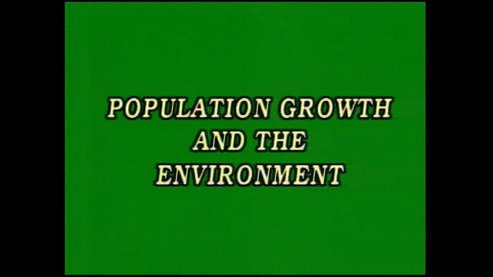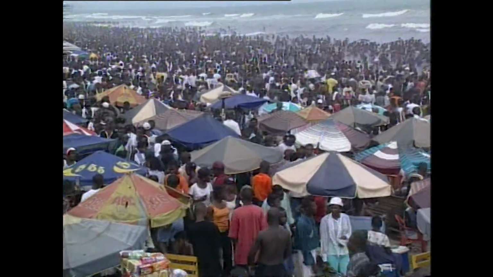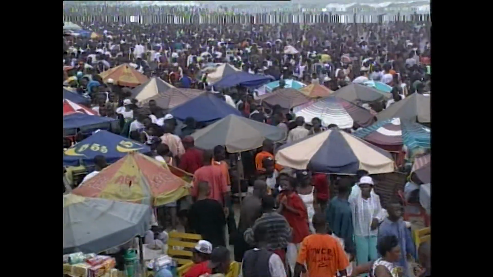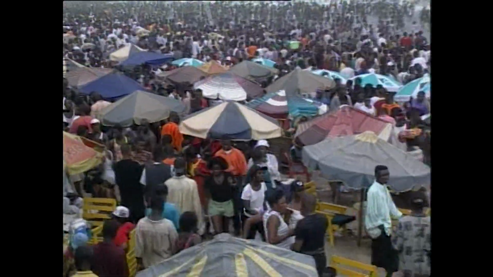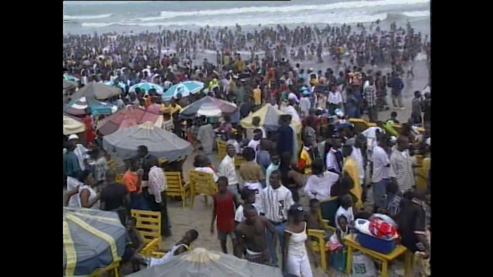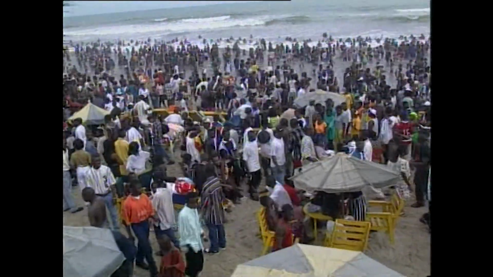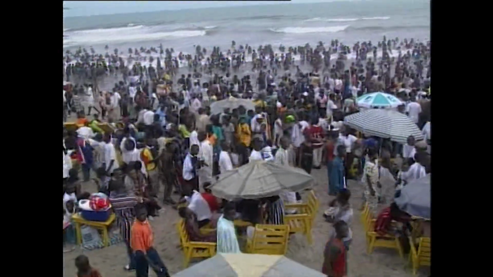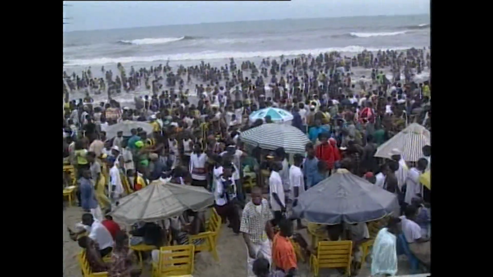Population growth and the environment. The first populations of human beings were supposed to have evolved some 2 million years ago, and probably in Africa. The human population at 10,000 BC has been estimated at between 2 and 20 million. It reached the 1 billion mark in 1850 AD.